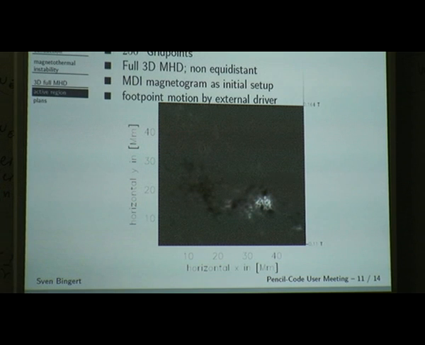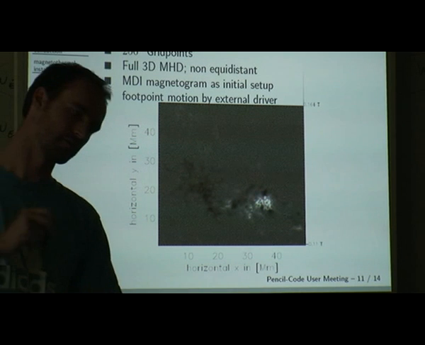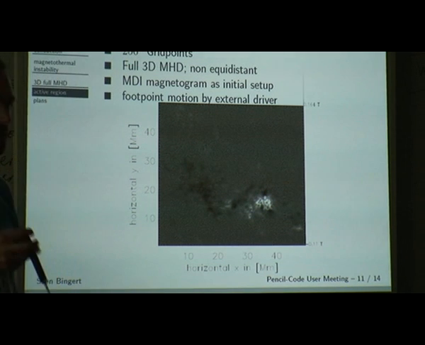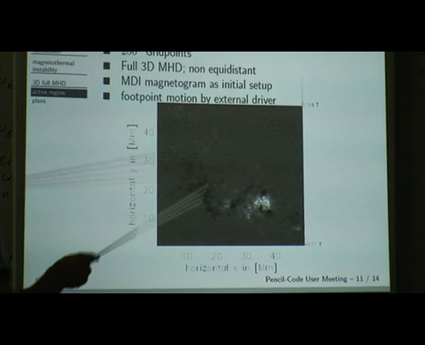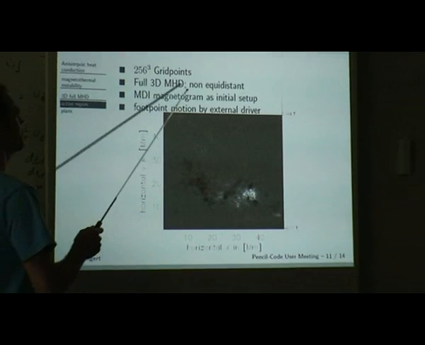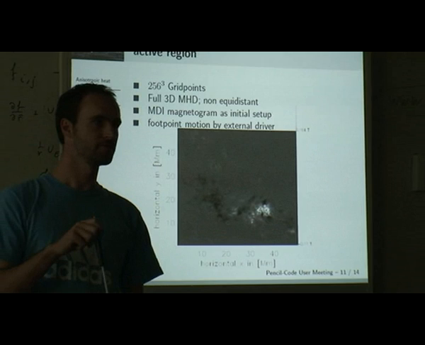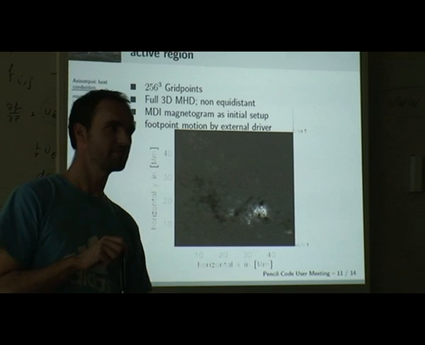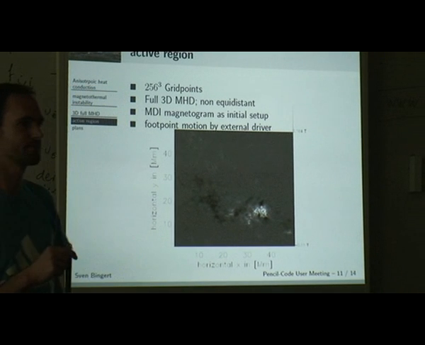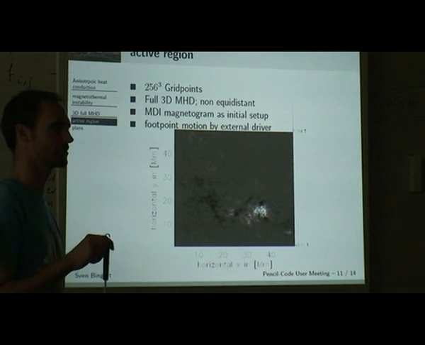We have the full 3D MHD equations, except for the Coriolis force, which is negligible for us, or at the sparse atmosphere. And we do it in a non-equidistant grid. So I guess I'm the only one here in the room who is using a non-equidistant grid in the Pencil Code. But I think it works fine and everything is included.